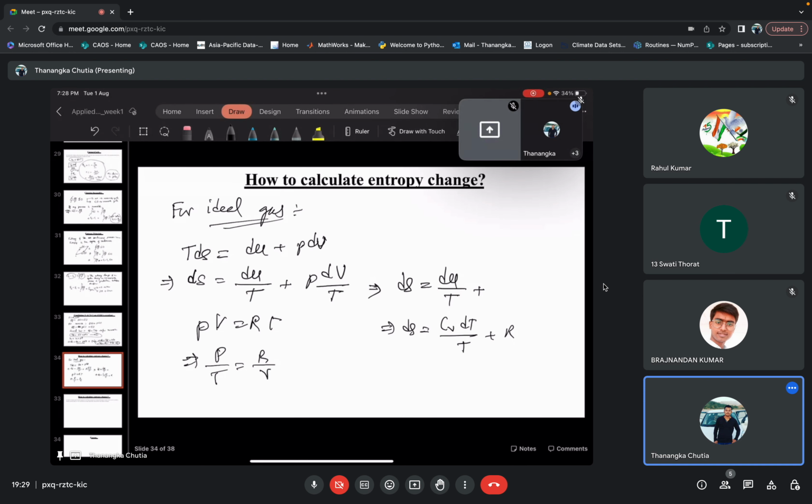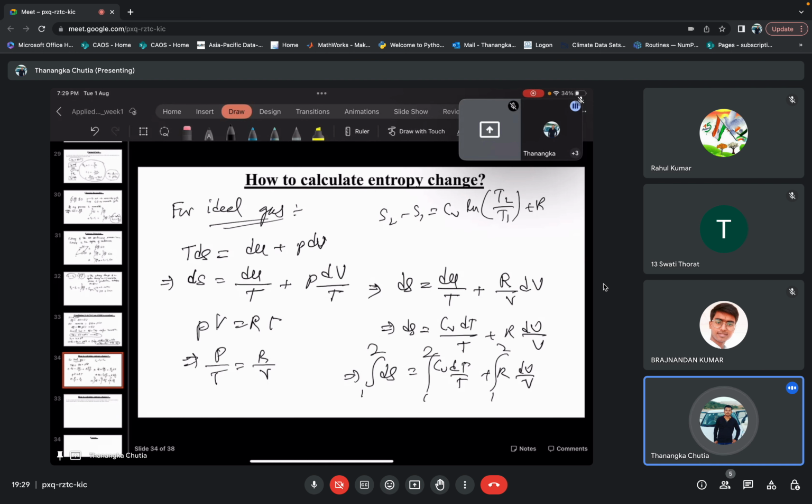So this is P dV/T = R dV/V. Now if you integrate, the integral of dS from 1 to 2 is Cv dT/T from 1 to 2 plus R dV/V from 1 to 2, and you will get S2 minus S1 = Cv ln(T2/T1) + R ln(V2/V1).